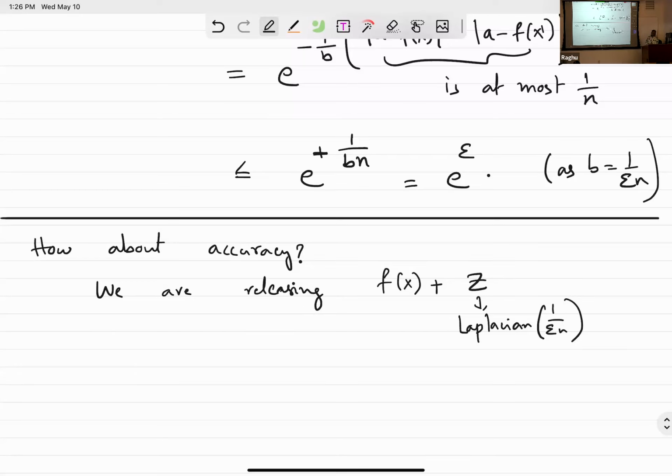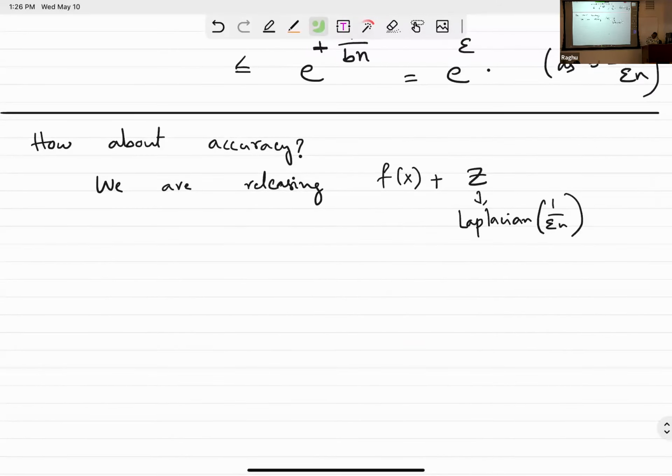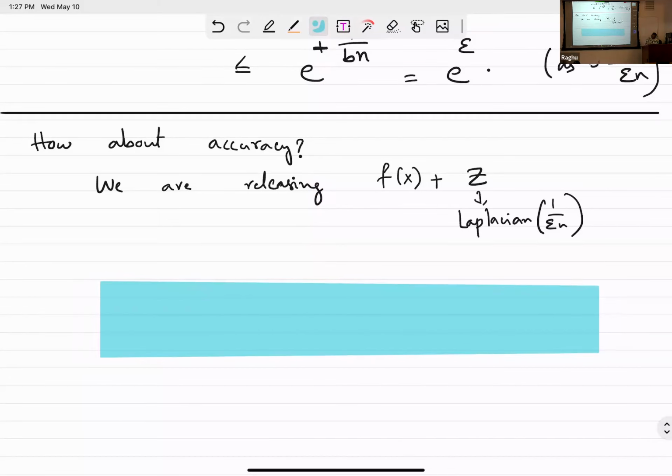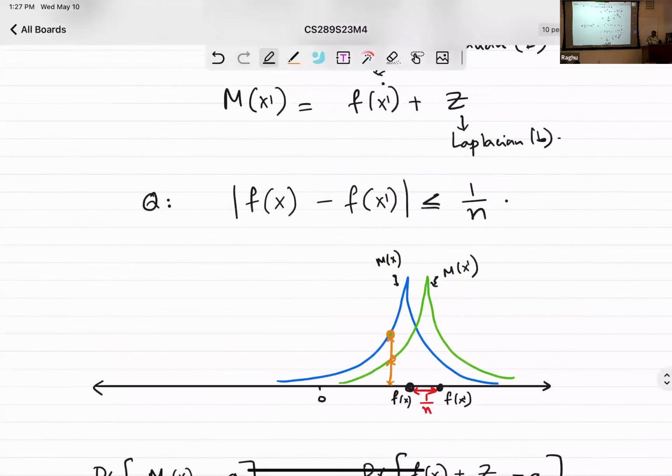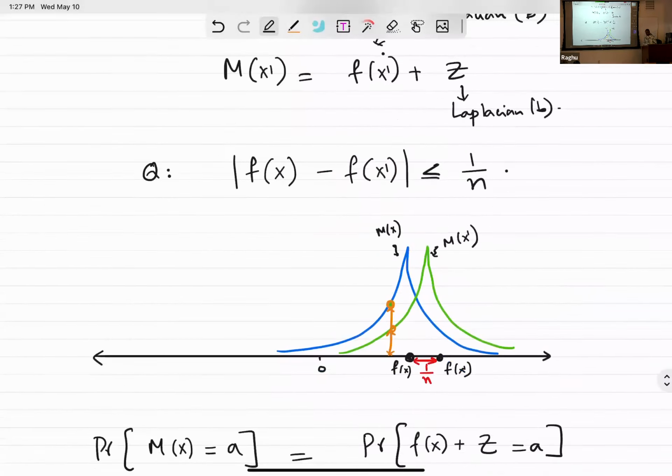How big is this noise going to be? Well, for the Laplacian mechanism, the tails are very nice. They have exponential tails in the sense that the probability that it takes a value bigger than t times b is at most exponential. The PDF is decaying exponentially.